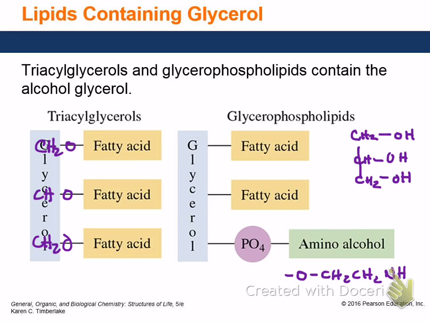And normally we would write NH2, but at physiological pH, and that's what we're going to deal with a lot of, this will be NH3 plus. And that comes from something called ethanolamine. I'll explain that to you in a little bit.